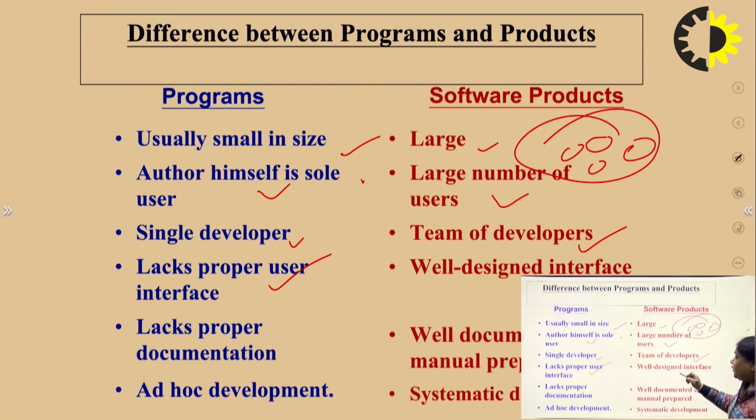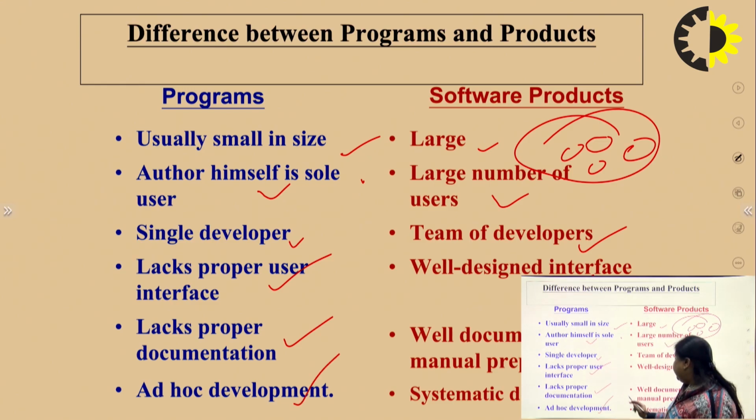A software product has a well-designed interface through which a client can interact with the application. A program lacks proper documentation, while a software product has a well-documented user manual. A program is ad hoc development, and a software product has systematic development. So these are some differences between a program and a software product.